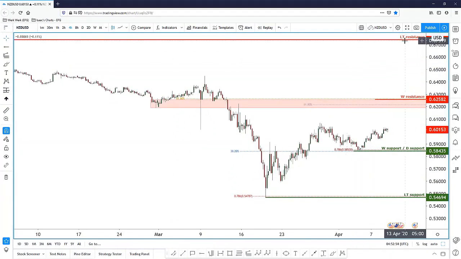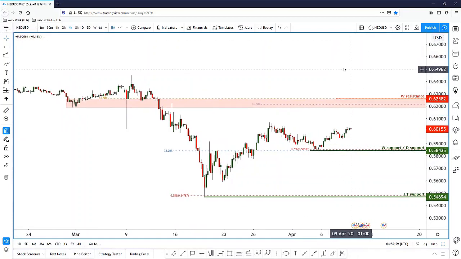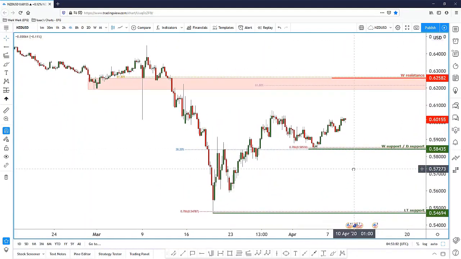The long-term resistance is quite far away, so for now we can ignore it, right? And these are just the levels that we really want to focus on.